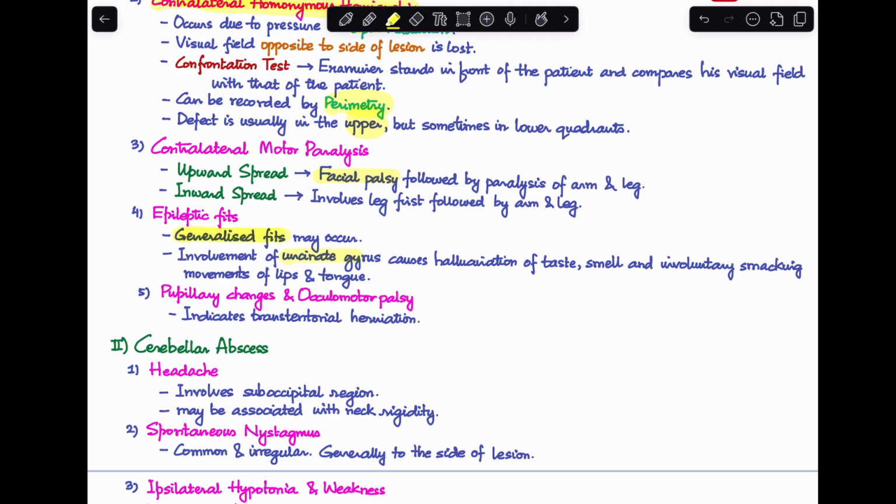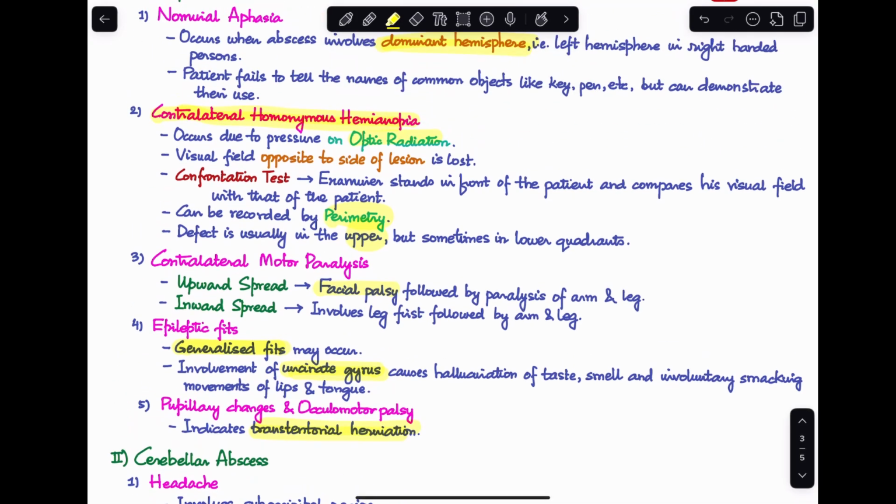And if there is an involvement of uncinate gyrus, it causes hallucination of taste and smell and involuntary smacking movements of lips and tongue. Last of all, we can see pupillary changes and oculomotor palsy, which is a third nerve palsy. This usually indicates transtentorial herniation. So these are the features of temporal lobe abscess.